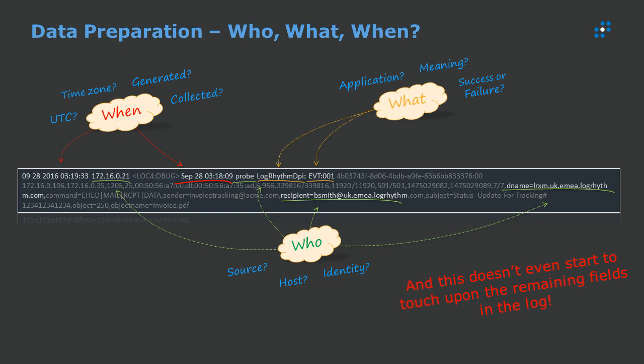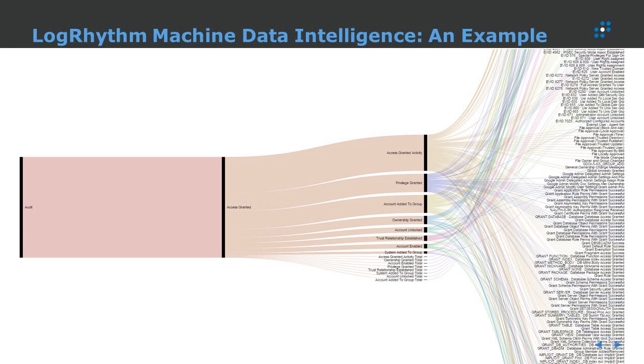This really illustrates that there is a challenge around taking this data and turning it into something useful that we can actually do something with. So I'm just going to have a look at how we at LogRhythm address this kind of problem space and give you an example of data preparation in action.